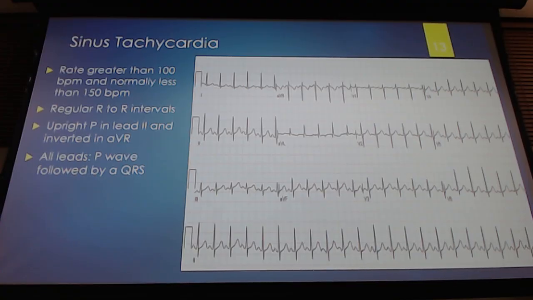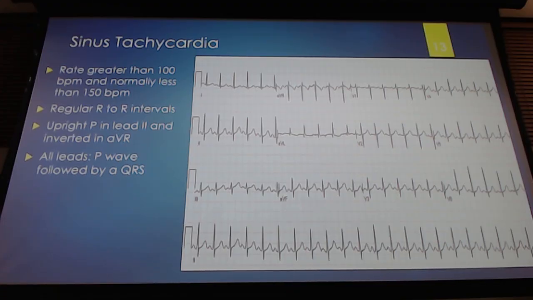So don't focus and hone in specifically. Well, it's 160 or it's 170, so it can't be sinus tach. That's not true. It could still be, but we want to make sure we expand our differential to make sure we're not missing something. So we've got this rate of greater than 100, usually around 100 to 150. R to R intervals are going to be regular.